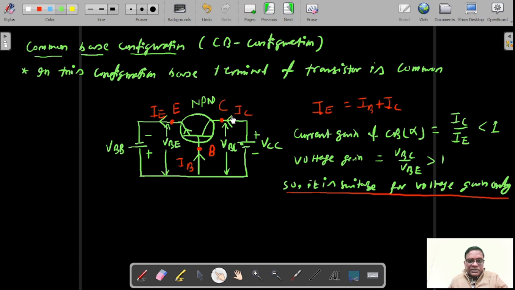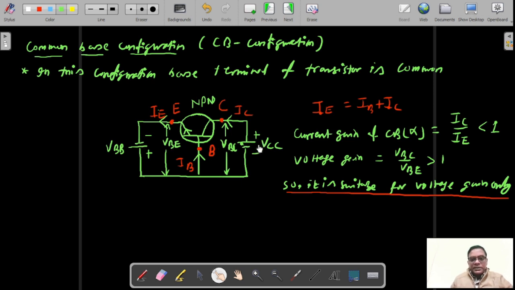Similarly, now this is the direction of collector current. When I want to bias, I have to connect the external battery. Definitely this terminal should be positive, because the current is coming out of this positive terminal, and the other is negative. So accordingly we can connect these two batteries.